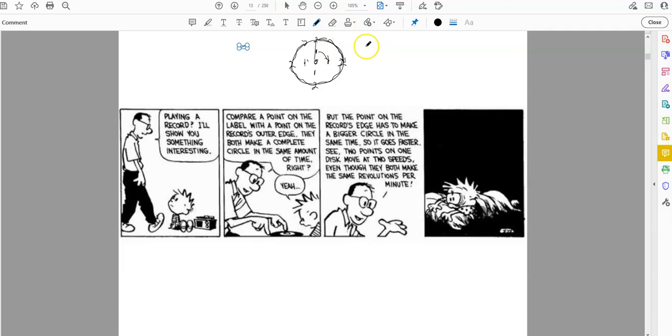So point 2 is going to actually turn 2 pi r, where r is the radius, and that's going to be how far it's spun in the x direction, how far it's spun rotationally.